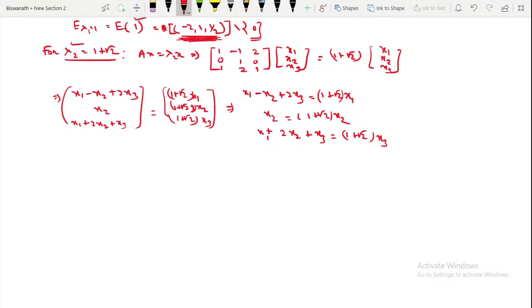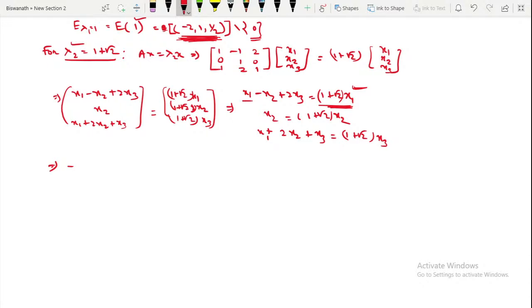Now what we will do? Make the right hand side 0. That means what is present on the right hand side, you just shift it into the left hand side. So what you will get? This is x1 minus x1 minus root 2 x1.